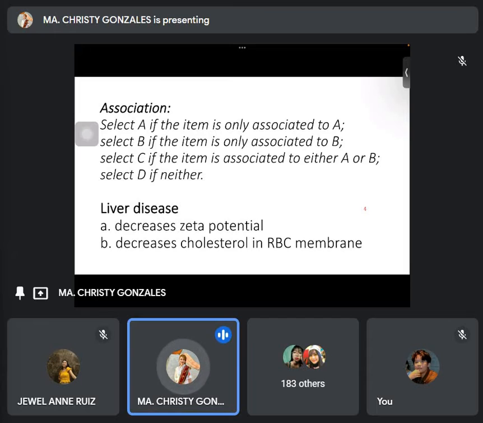So if you remember, zeta potential is sialic acid. So this is responsible. Okay, and sialic acid is a membrane protein. Right? Next, cholesterol. Cholesterol is also being synthesized in the liver.